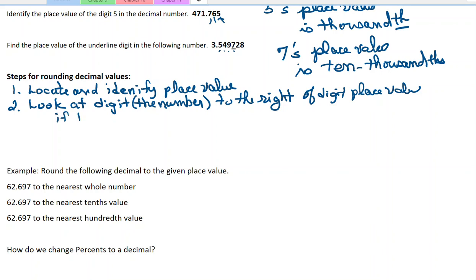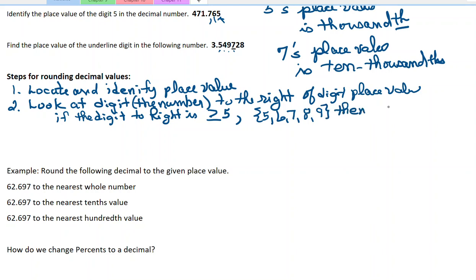If the digit to the right is greater than or equal to 5, that means that it can be a 5, a 6, a 7, an 8, or a 9. If it's one of these digits, then increase the place value digit by 1. In other words, add 1 to it.